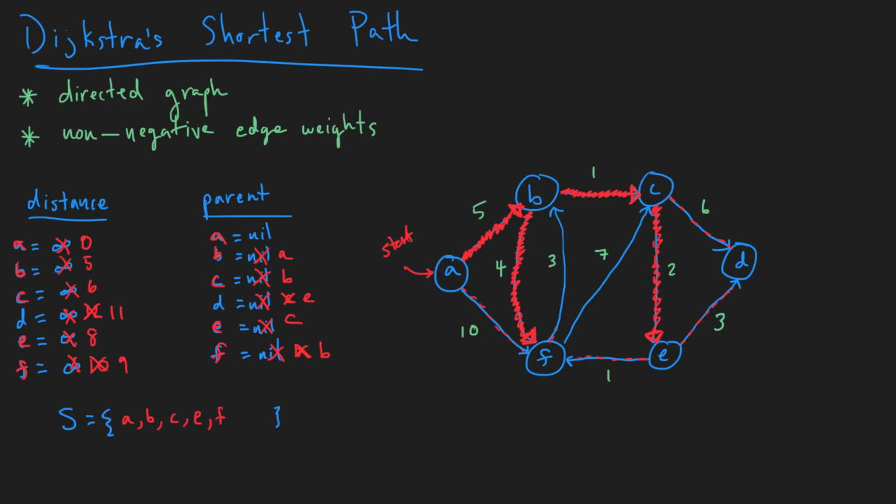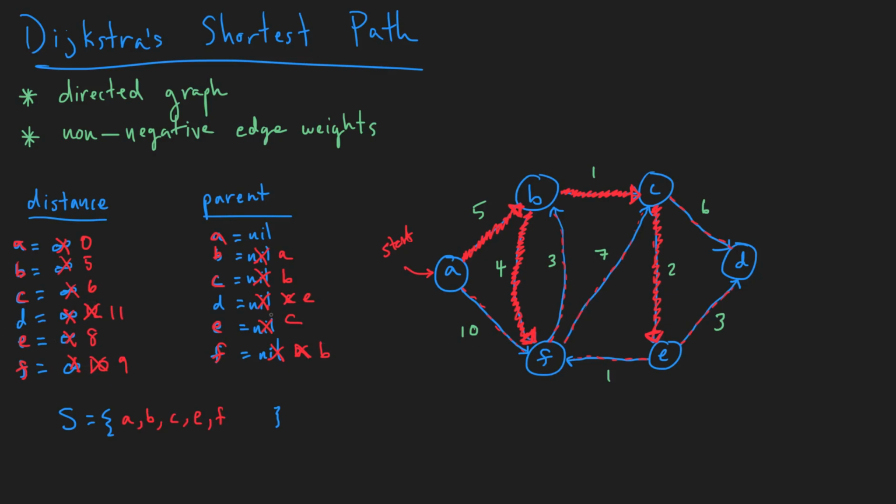So let's check the adjacency list of F. We see that B and C both already have a shortest path found. So there can't be any shorter path to those two nodes, so we don't do anything.